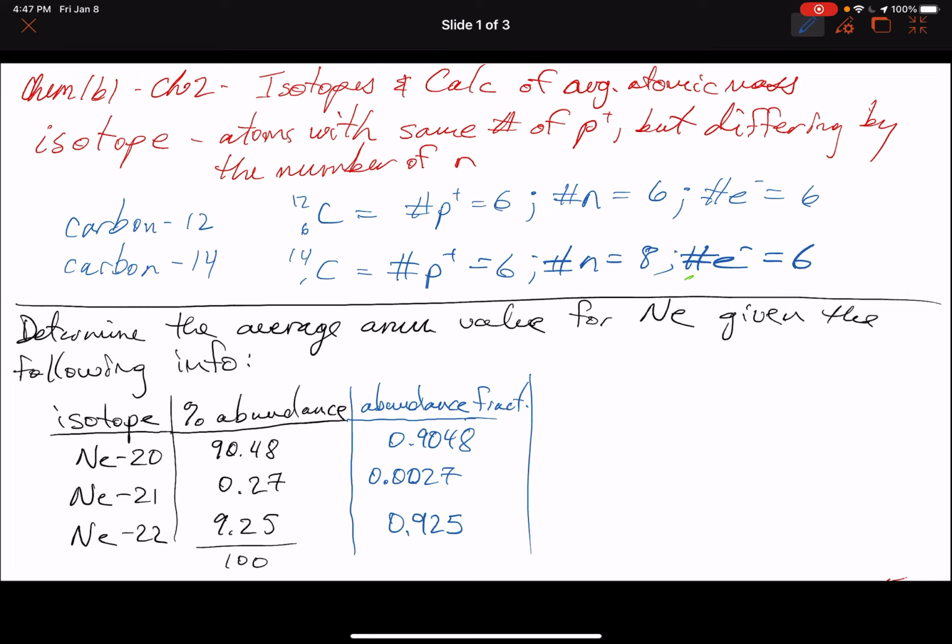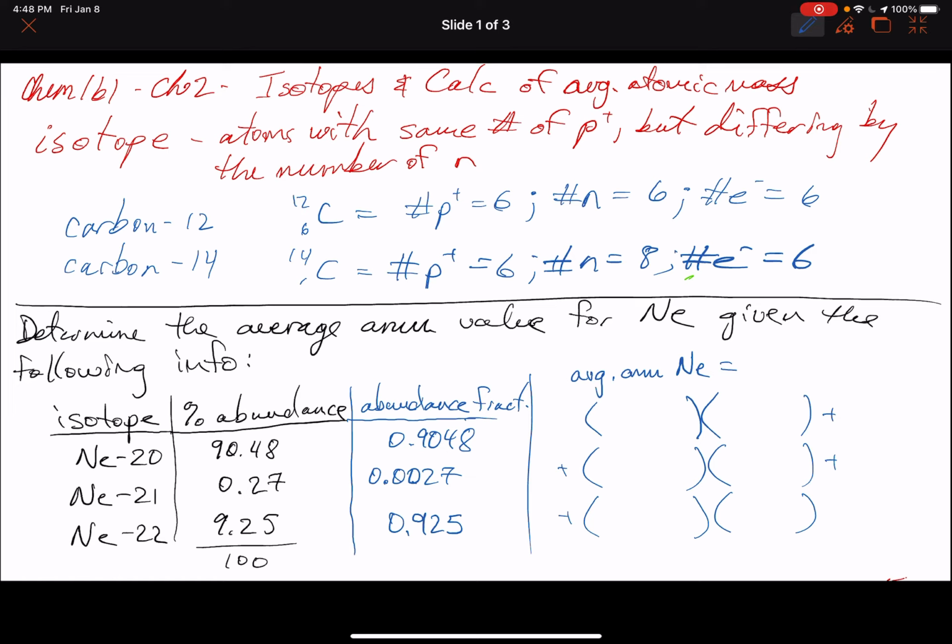We have that now. And we know from our previous equation that the average AMU value for neon has to be a sum of some products. So the first term is going to incorporate values for the AMU value for the one isotope times its abundance fraction. Okay, so we're going to put some values in there, and then we'll add that to the next equivalent product and finish that off with a third set of terms because we have only 3 isotopes here.